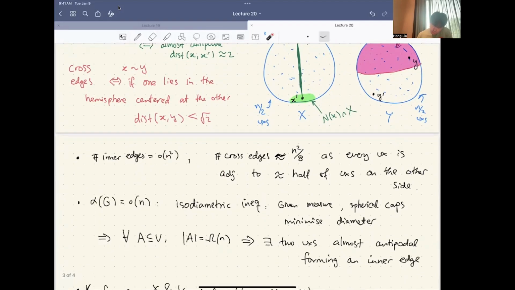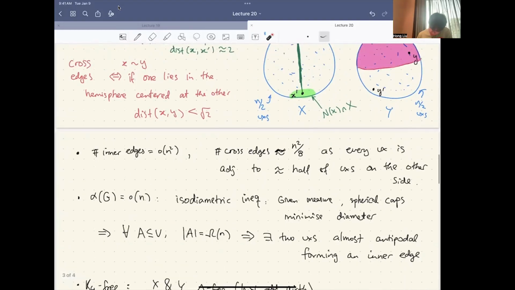Now let's prove this one also. There's not much to say. Let me see. Right. So you basically use upper bounds on the spherical cap measure to prove, together with isodiametric inequality, that there exist 2 points.